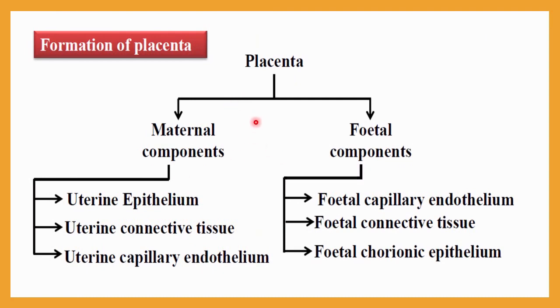The maternal component will include uterine epithelium, uterine connective tissue, and uterine capillary endothelium. These all come from the uterus. In the fetal component you can see fetal capillary endothelium, fetal connective tissue, and fetal chorionic epithelium. This whole structure together forms the placenta.